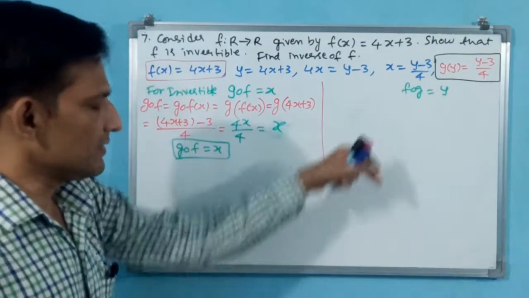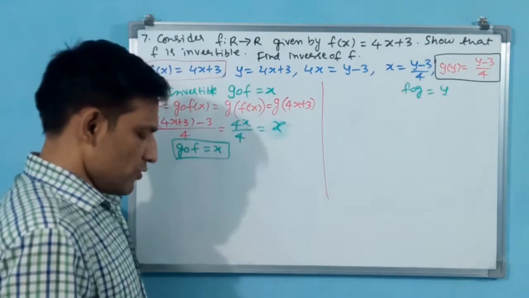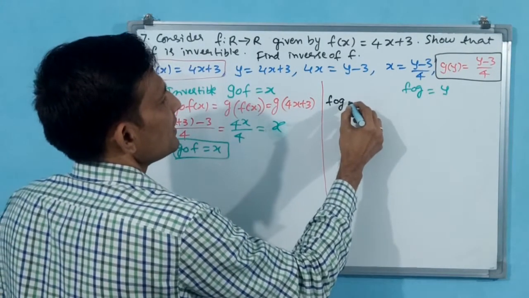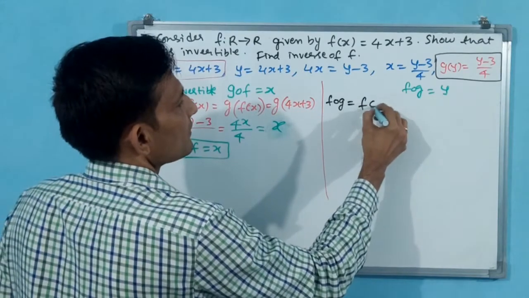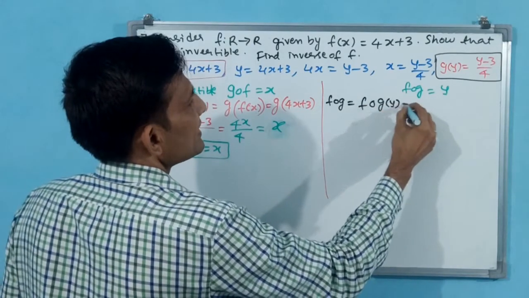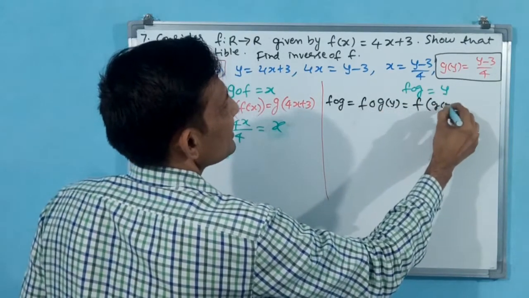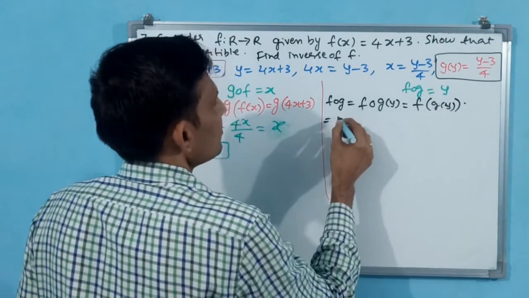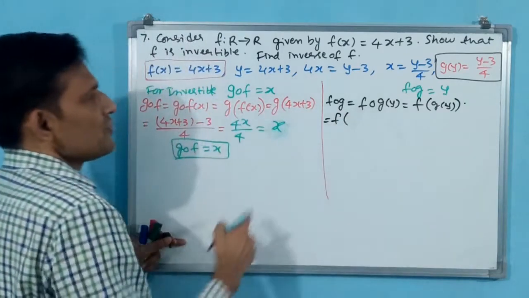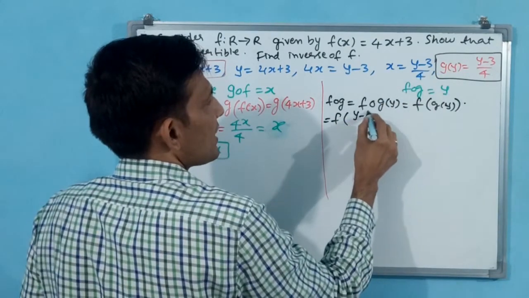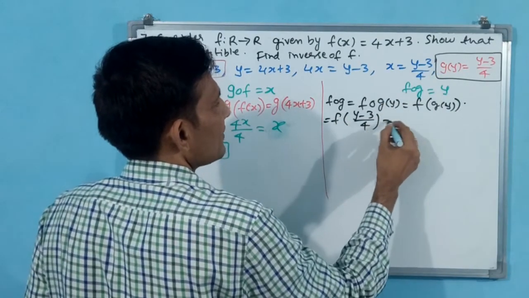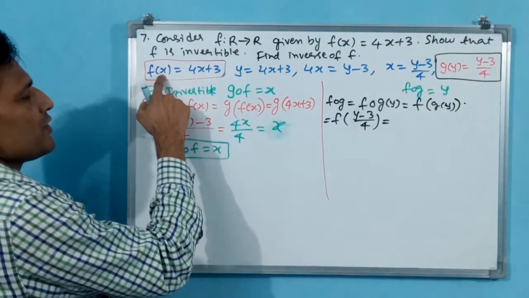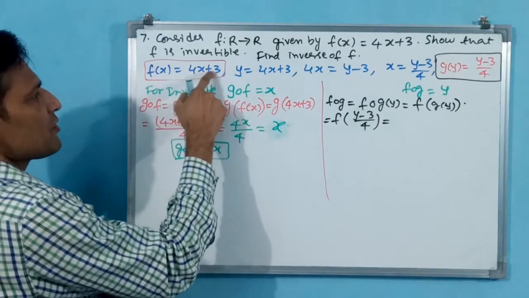That means you write again GOF is equal to x has come. This side also we will see whether it is going to. Again you write FOG is equal to F of G of y, that is equal to F of G of y means y minus 3 by 4. See, in F, if you give any input, 4 times that input plus 3 will come.